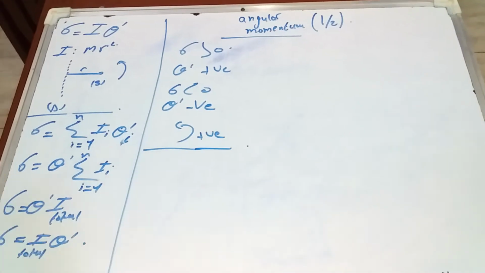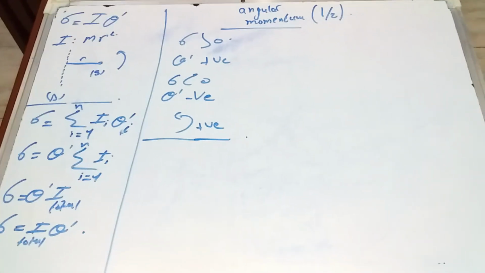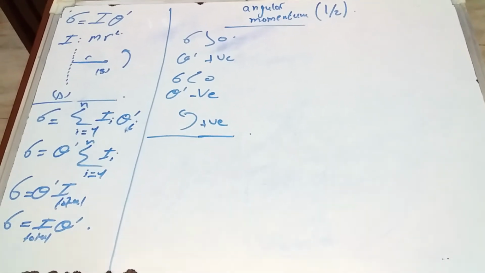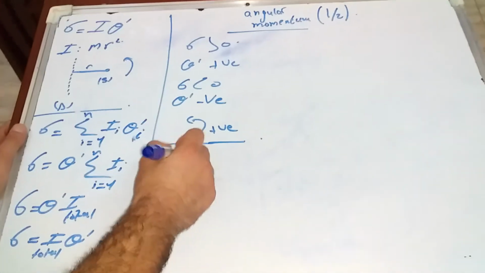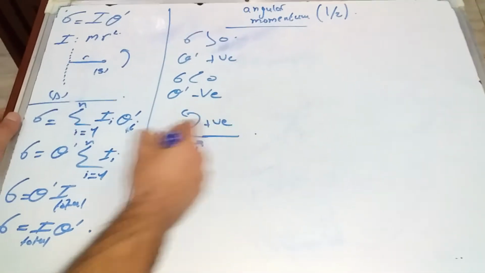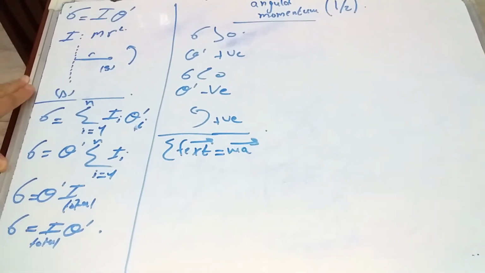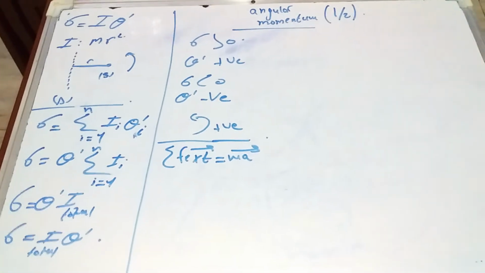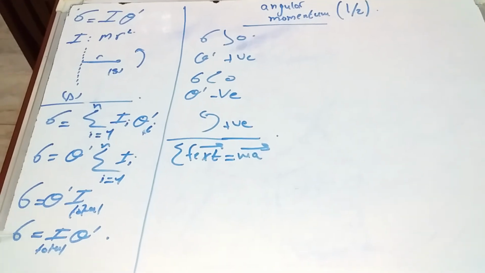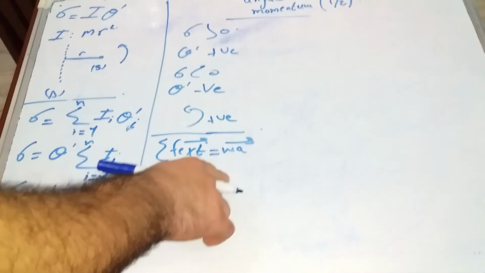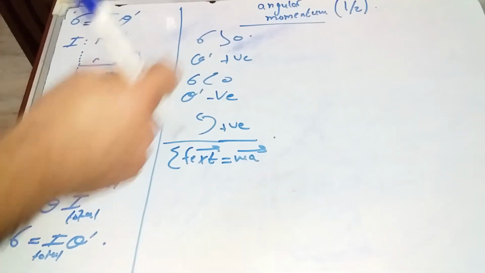Now, back to Newton's second law. Newton's second law states that the net F external is equal to the mass of the object multiplied by its acceleration. In rotation, instead of the force F, we use the moment of a force.